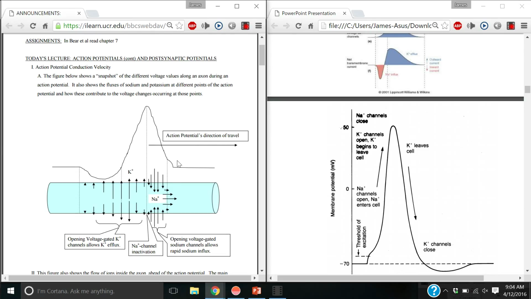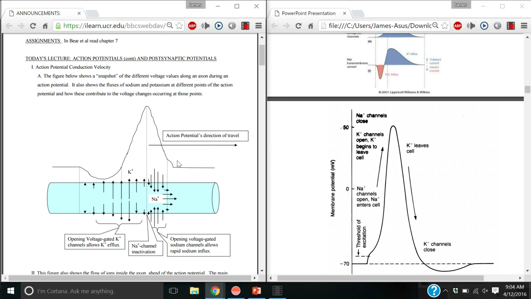So back to conduction velocity. That's the overarching theme here. So what are the factors that will increase the rate, the concentration, etc., of these positively charged ions in front of the rising phase of the action potential?